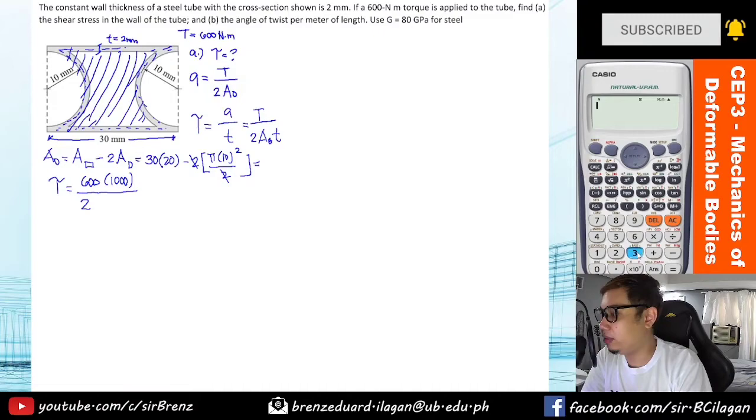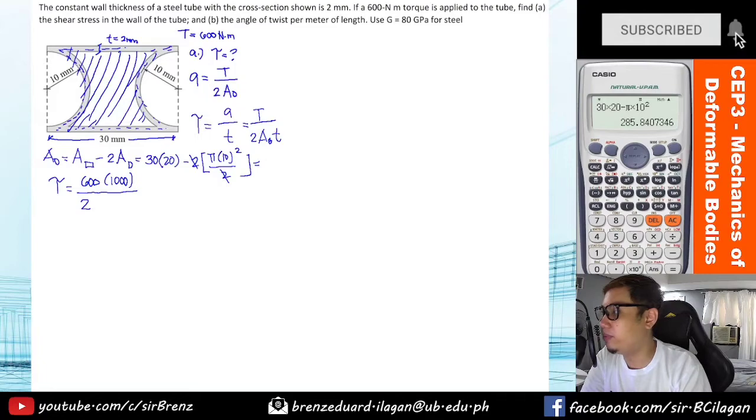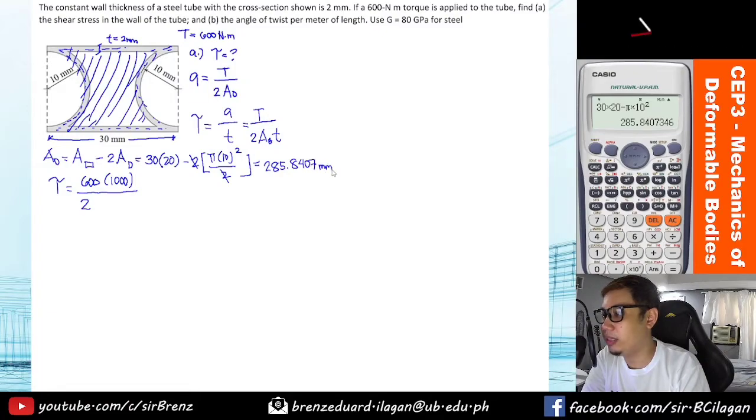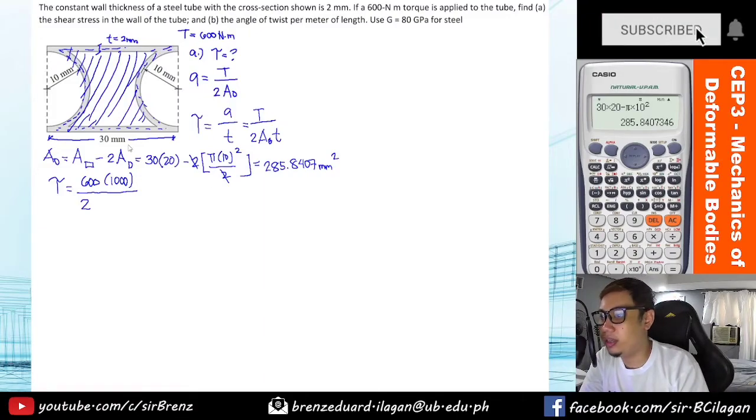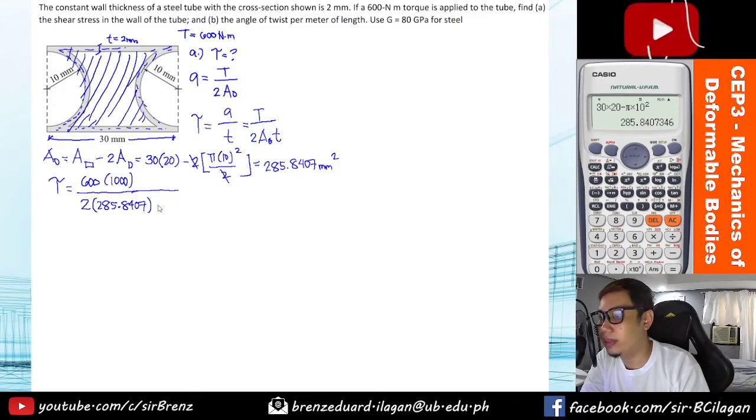So, sige, pindutin natin guys ito sa calculator. So, that is 30 times 20 and then minus pi times 10 squared. So, 285.8407. This is in millimeter squared. Tama? Okay. So, ayan. Salpak lang natin dito 285.8407 and then multiply by the thickness of the tube, which is equals to 2 mm. Ayan.